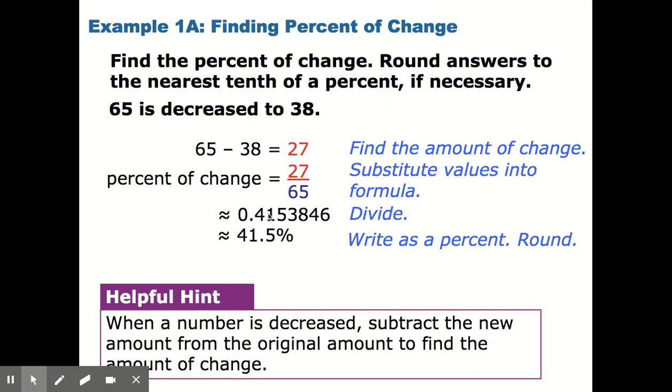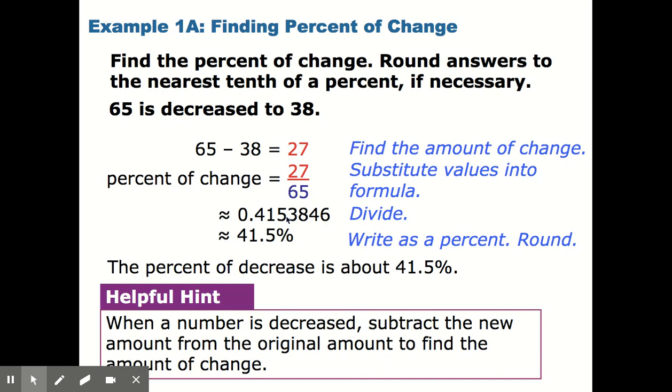I get 41.5% because I would move the decimal over twice to get a percent, and then you just round because the number after the 5 is 3, so this stays the same. So the percent of decrease is about 41.5%. Going from 65 to 38 is a drop of 41.5%.